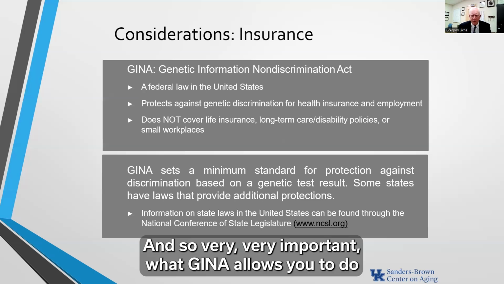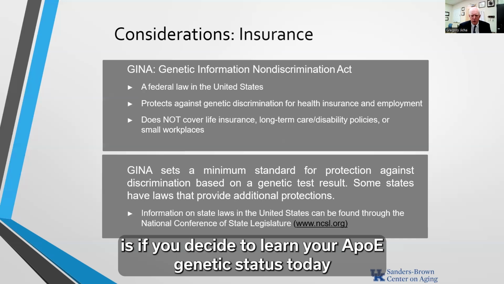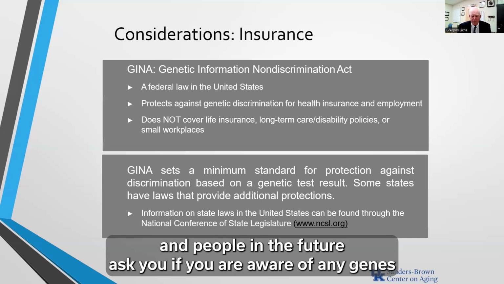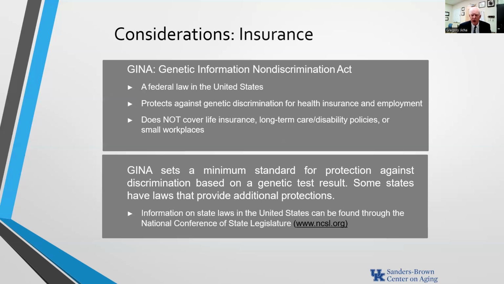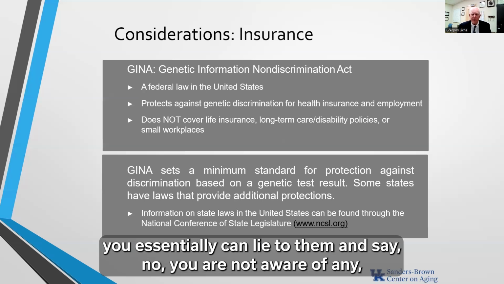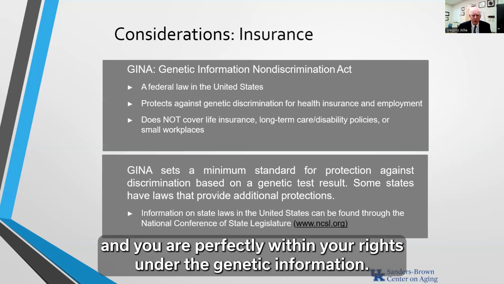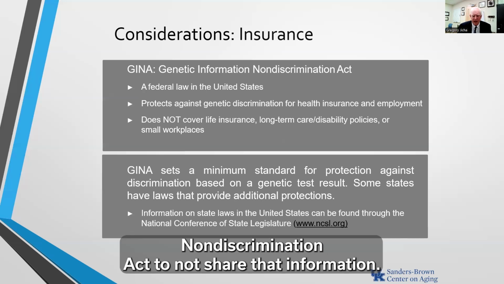What GINA allows you to do is, if you decide to learn your ApoE genetic status today, and people in the future ask you if you are aware of any genes or genetic status that predispose you to Alzheimer's or other conditions, you essentially can say no, you are not aware of any, and you are perfectly within your rights under the Genetic Information Non-Discrimination Act to not share that information.